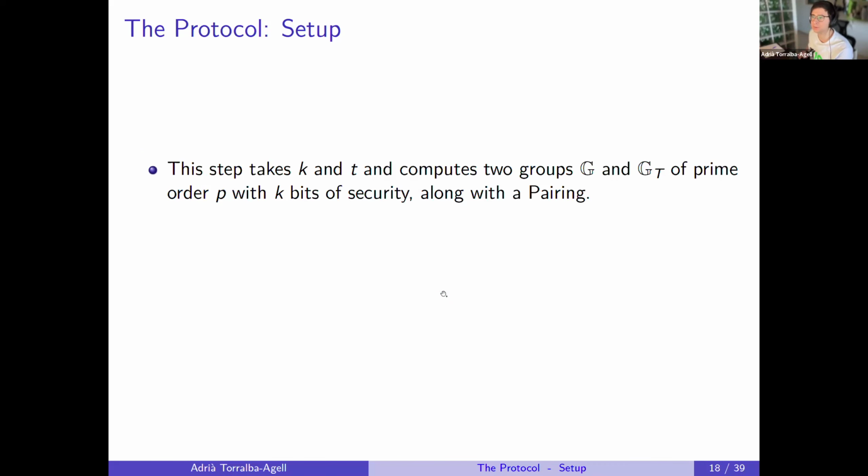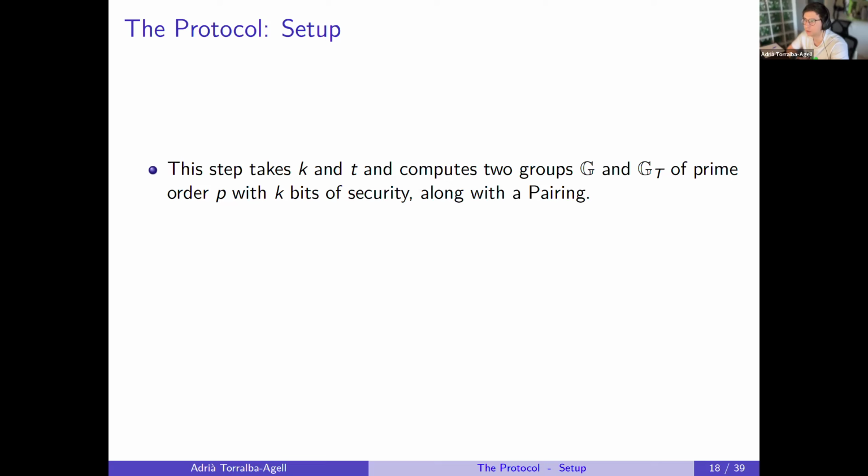In this step, we take K and T. Remember, K is the security parameter that ensures that our P is large enough so our adversaries cannot break our system, okay? And T is the maximum degree of the polynomial we allow to commit.